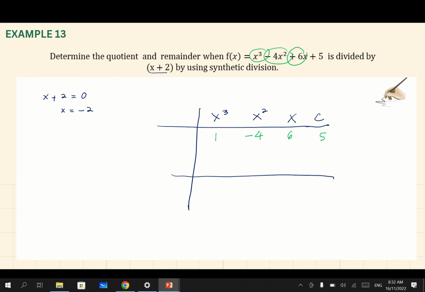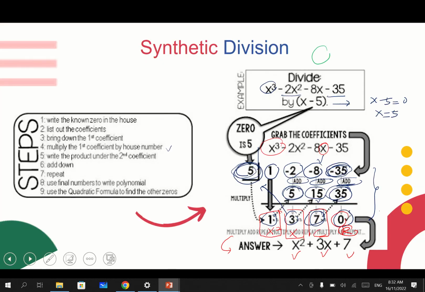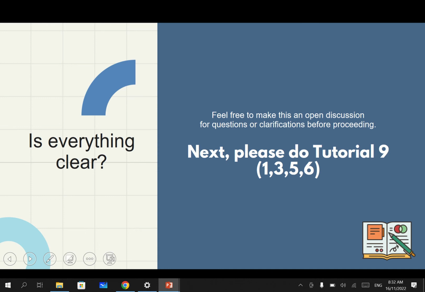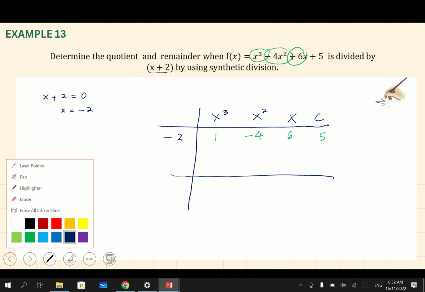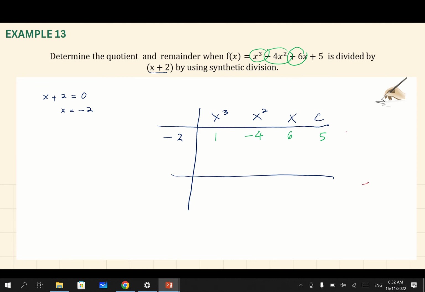Just tengok based on the equation of f(x). And then kita masukkan value yang kita dah dapat tadi, x sama dengan berapa. So x dapat negative 2, letak dekat sini. So ingat, the first step, the next step is, this one kita kena add. Operation dia, untuk yang dekat sini, kena darab.